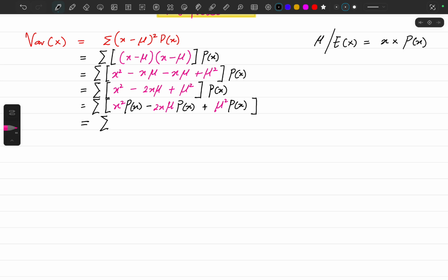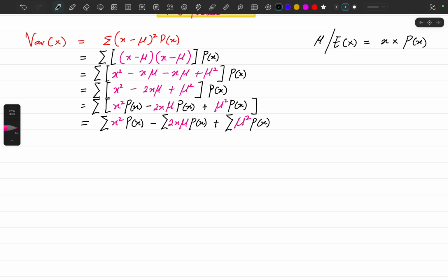So we group the summation, and if we do this, we'll get the x squared by this summation, then minus, we group that summation, and that will be 2x to this mu, and we put it together with this, and then we go with the next one, which will be the summation, and that will be the mu square, and we're multiplying that by the probability distribution.